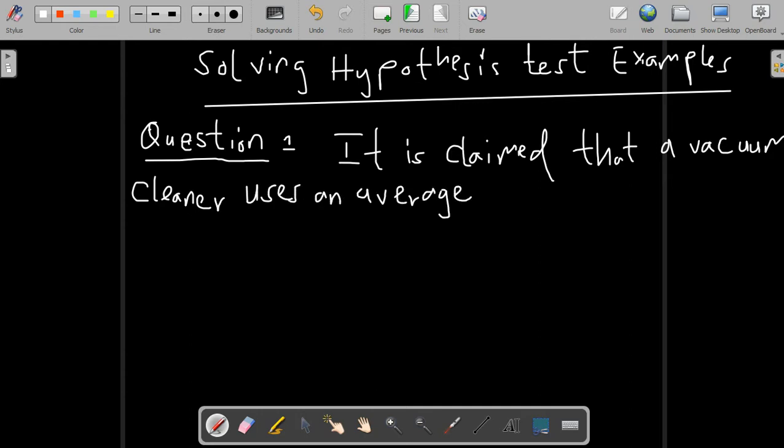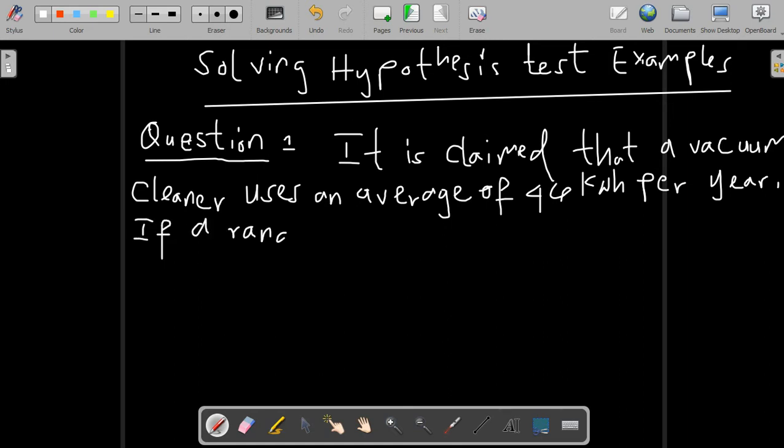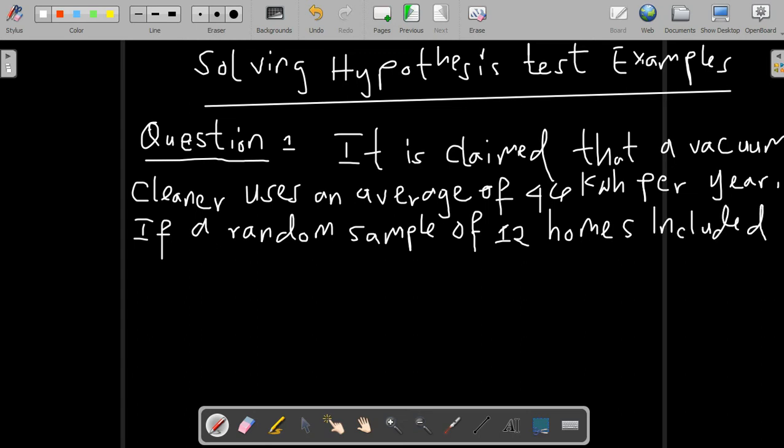Now, if a random sample of 12 homes included in a planning study indicate that vacuum cleaners use an average of 42 kWh per year with a standard deviation of 11.9 kWh, does this suggest at the 0.05 level of significance that vacuum cleaners use an average of less than 46 kWh annually? Now assume the population of kWh to be normal.